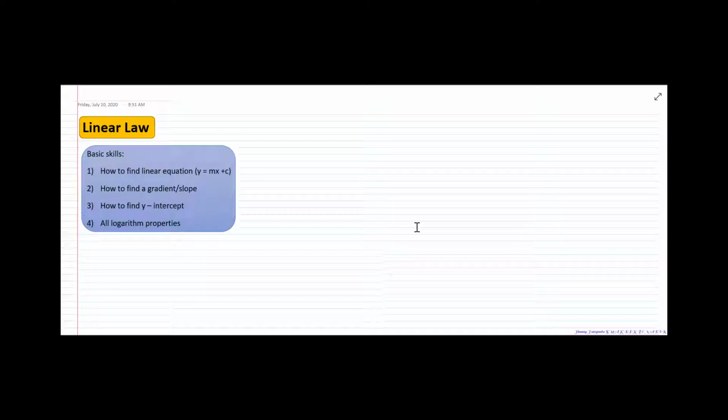Number 3, you have to know how to find the y-intercept, and number 4, you have to remember what logarithm properties are and how to use them.